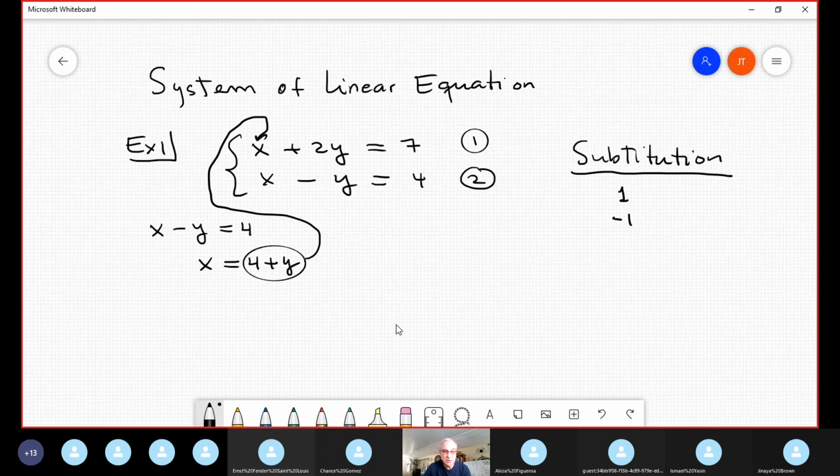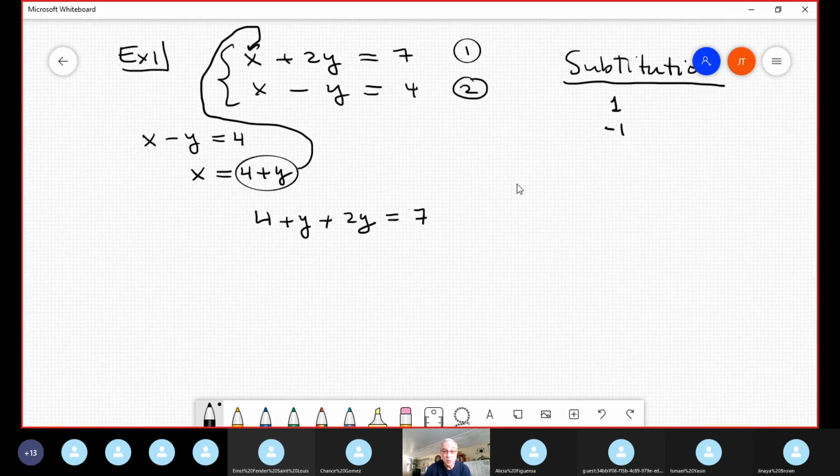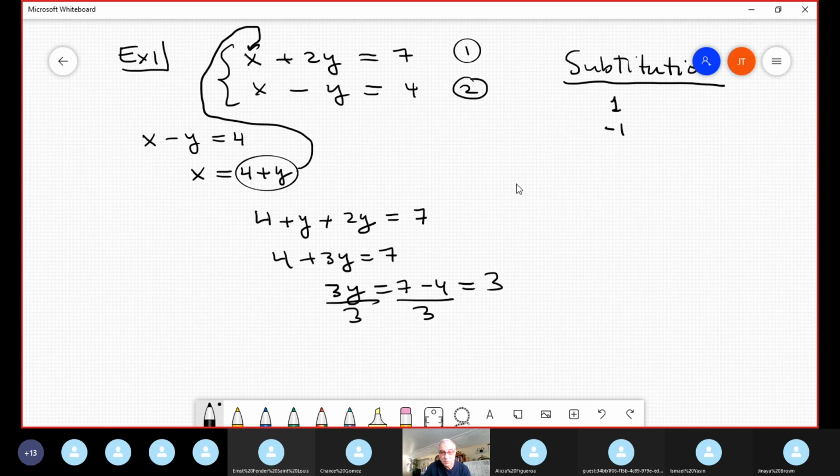Entonces we have no x anymore: 4 plus y plus 2y, this 2y, equals 7. In this moment, we have one equation que contains only one variable, que es y. Using elementary algebra, you combine terms: 4 plus 3y equals 7. So 3y equals 7 minus 4, and 7 minus 4 is 3. Divided by 3, y is equal to 1.